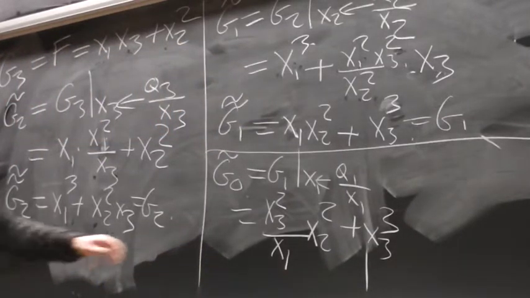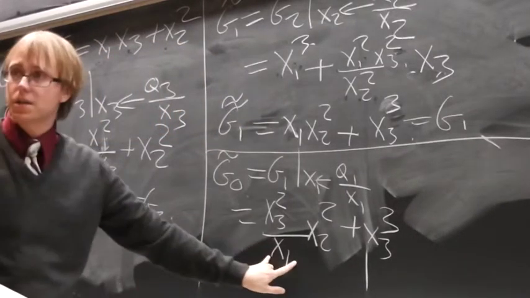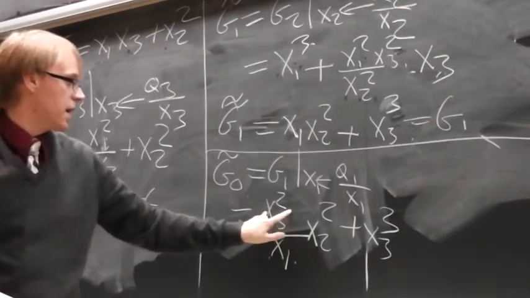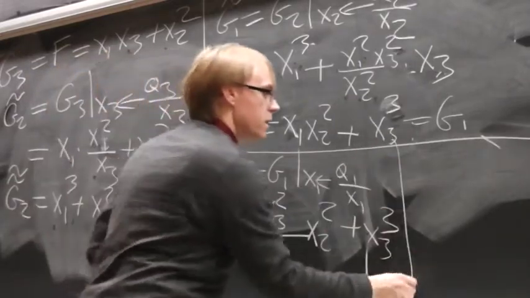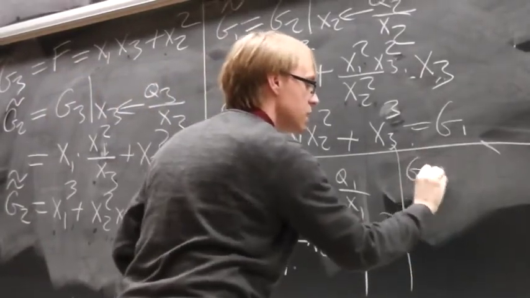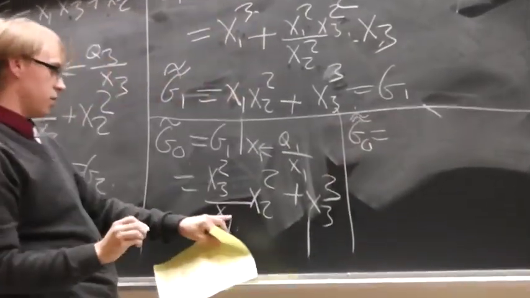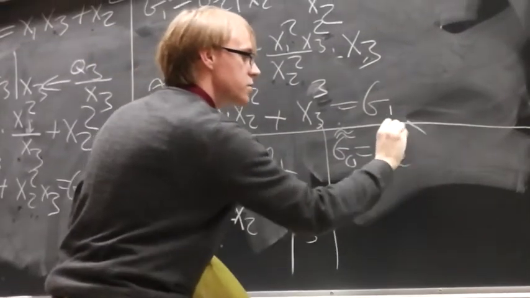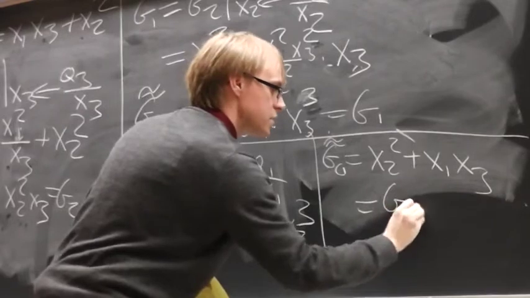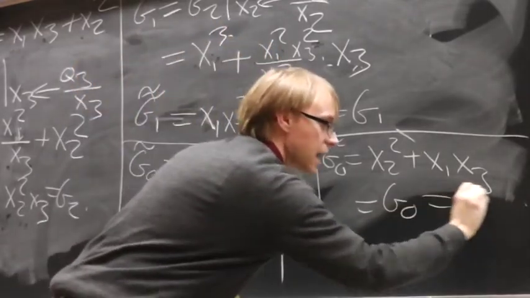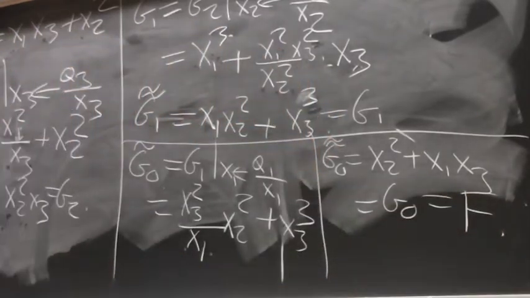And so here we want to multiply by x1 to get rid of that. Then we have x3 squared we want to kill off. So in conclusion, g0 double tilde is going to give us x2 squared plus x1 x3, which is exactly g0, which is exactly f. And that concludes the proof.